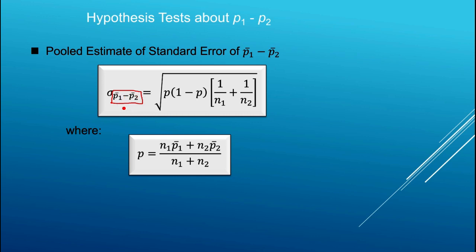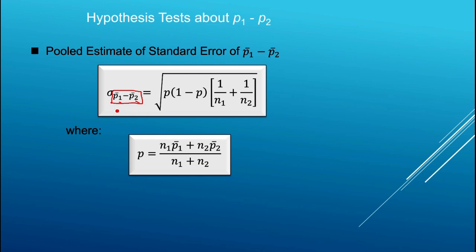They're calculated from sample data. And we have our two populations, 1 and 2, and that's really our point estimate. So since it's a point estimate and we're calculating it from sample data, it's a random variable. So we need to concern ourselves with the sampling distribution of P bar 1 minus P bar 2.